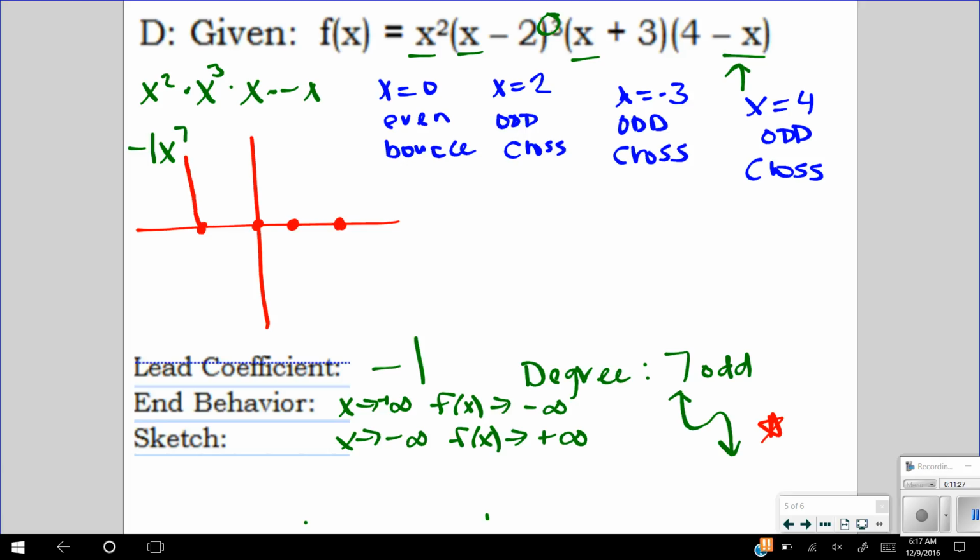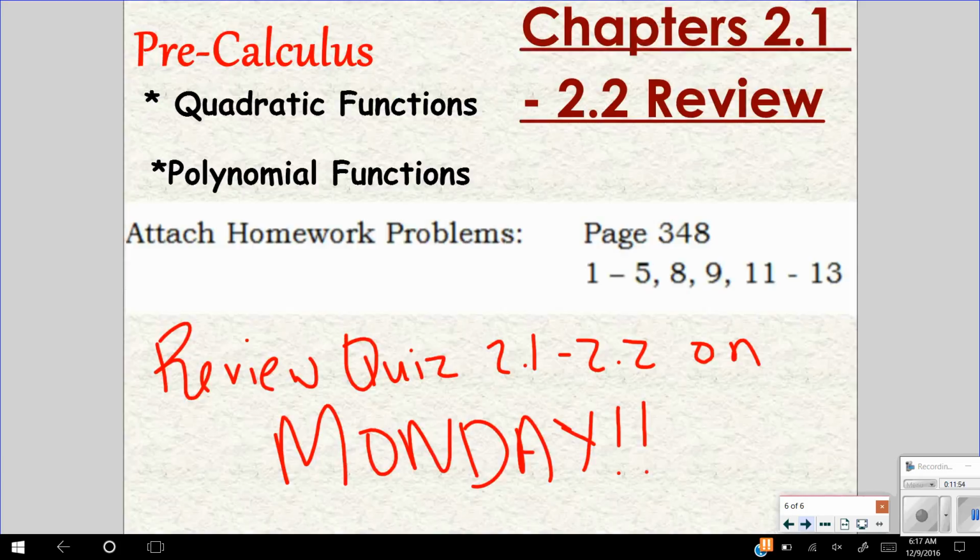Negative 3 is a cross point. 0 is a bounce point. 2 is a cross point, and 4 is a cross point. We need to end down there. So it's a little bit rough, but it's a pretty good sketch. I've got all my zeros and whether or not they're touch or cross points. Okay? Perfect. All right, that's it for the 4 examples for today.